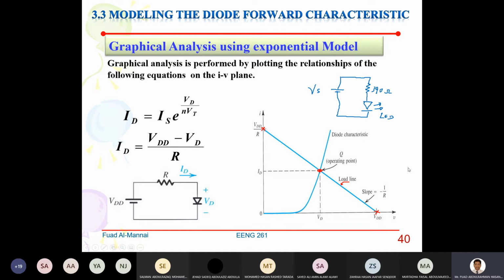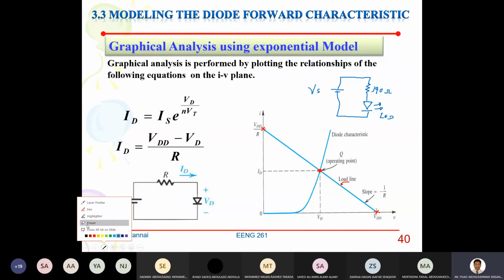We'll get into more detail when we get to the real amplifier that we design from transistors. You will take it in this class and in Eeng262 and so on, powerful amplifiers. Everybody get that?